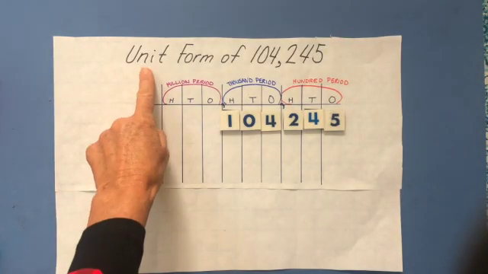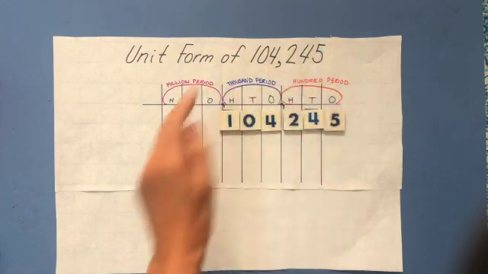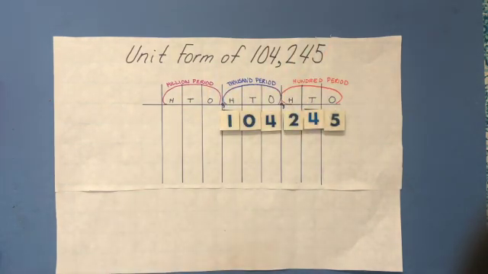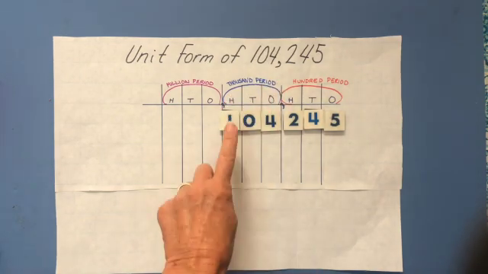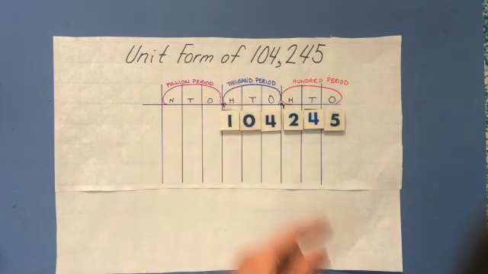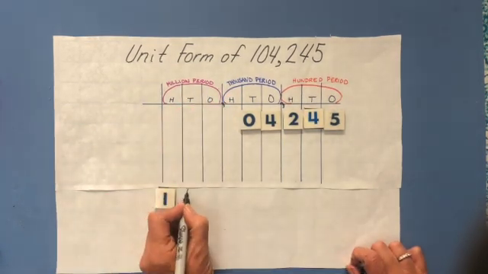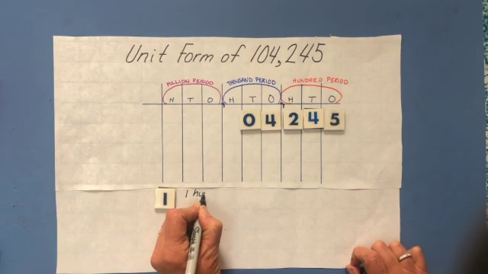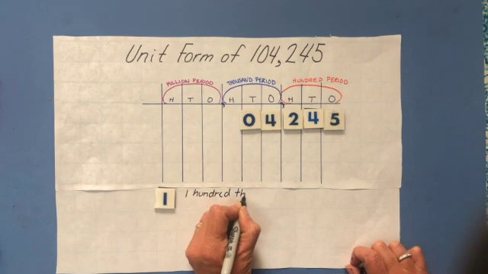Right, now we're going to deal with the unit form of 104,245. The unit form deals basically with the place of the digit. So this ones digit is in the hundred thousands place. So if I take the 1 off, I know the 1 is in the 100,000s place.